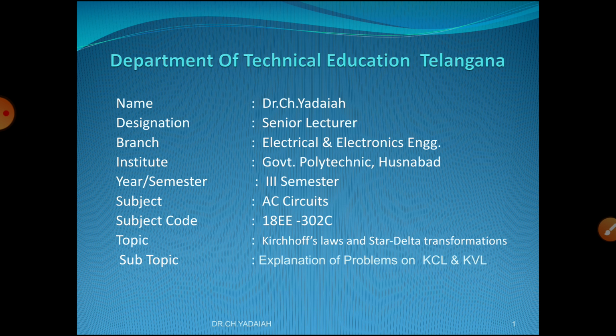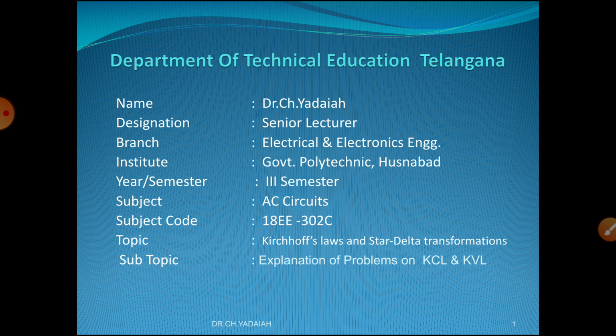If the network becomes complex, then we are unable to solve it with the help of Ohm's law. Then we go to an advanced technique, that is Kirchhoff's laws. We have already learnt Kirchhoff's current law and voltage law, their definitions and meaning, and we have completed a few problems based on these two laws.